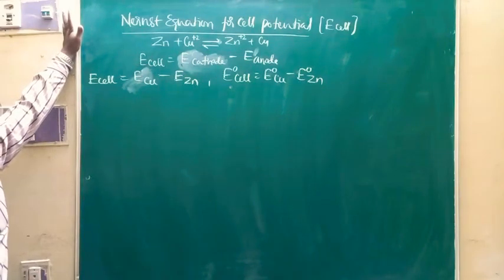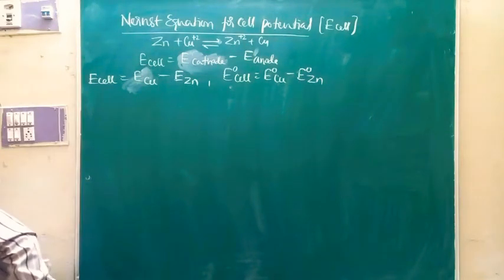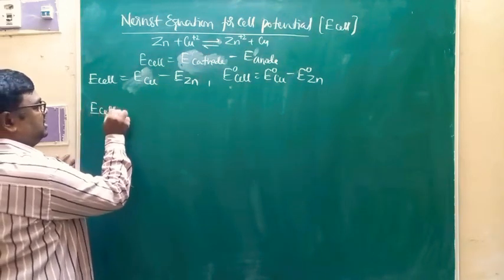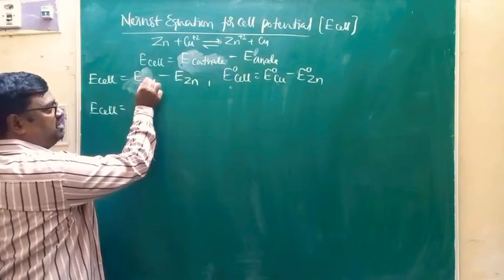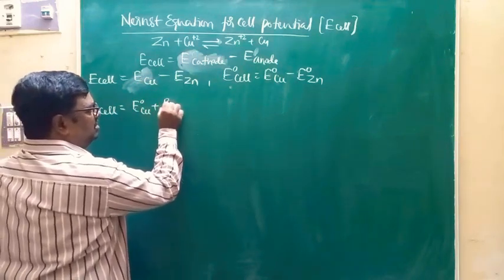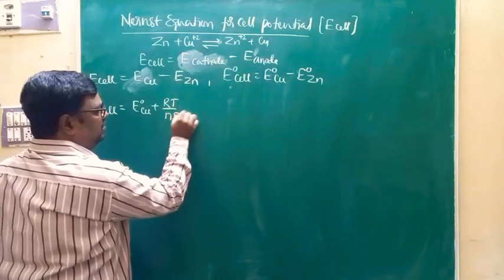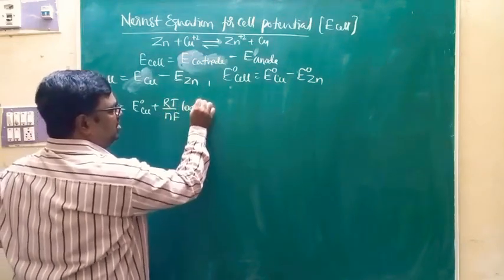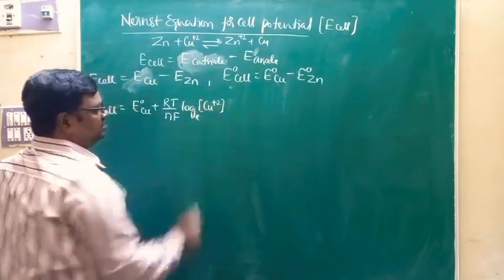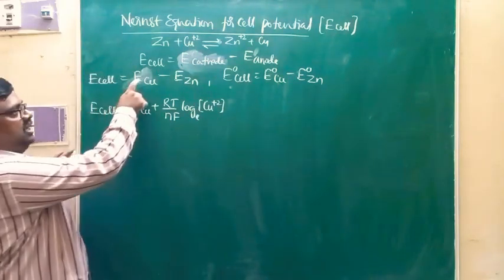Now look, as far as E of cell is concerned, I write the expression for copper: E0 of copper plus RT by nF log of the molar concentration of Cu2+.